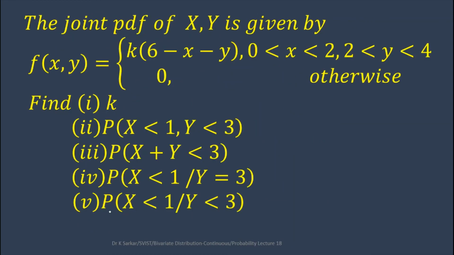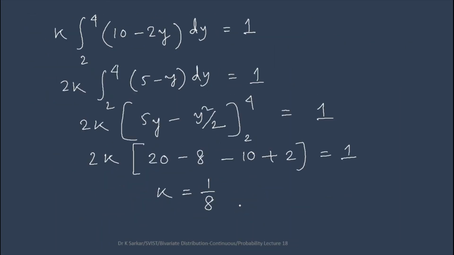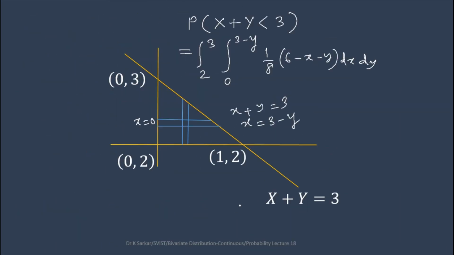Now we have to find the probability for x less than 1 when y less than 3 is given.